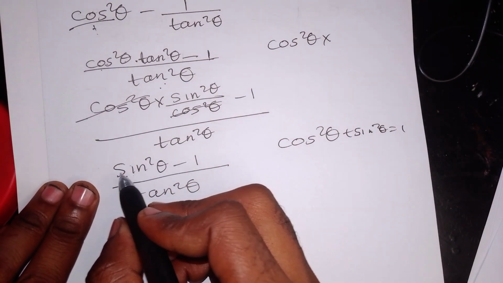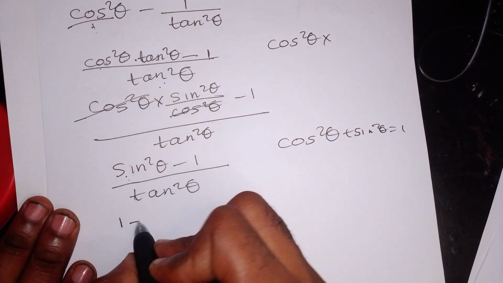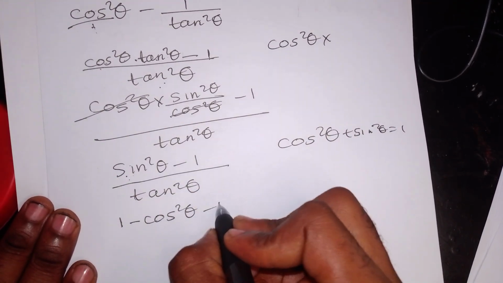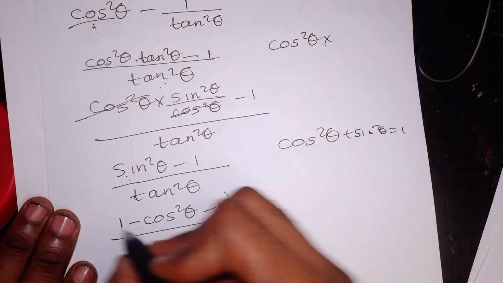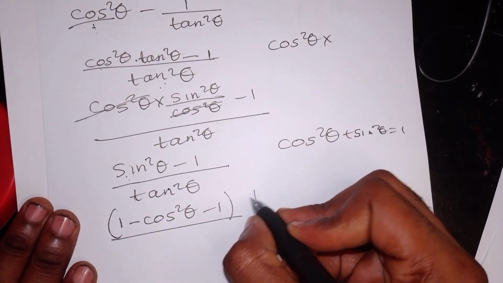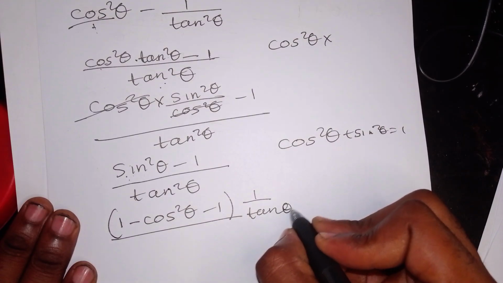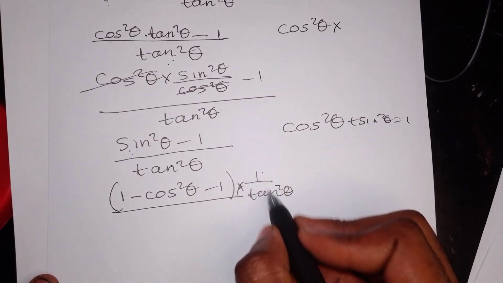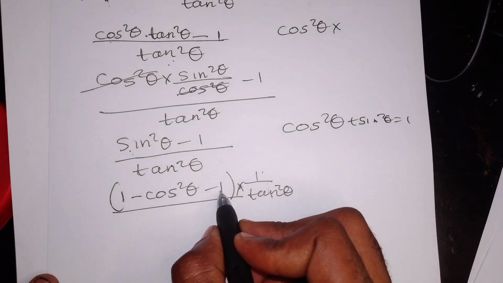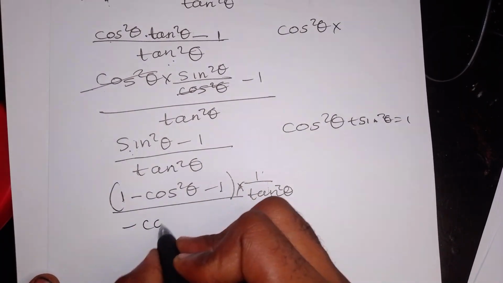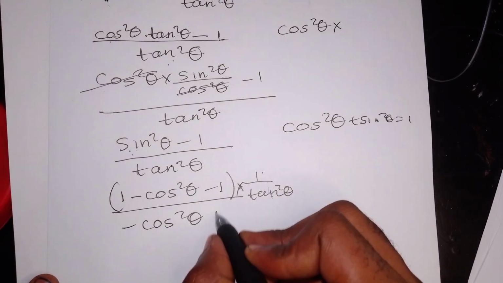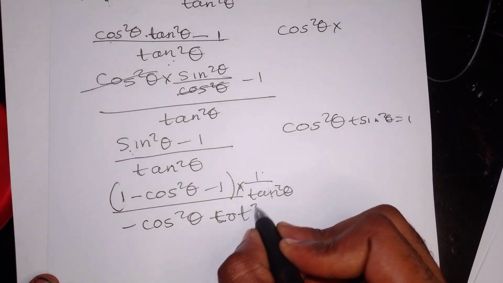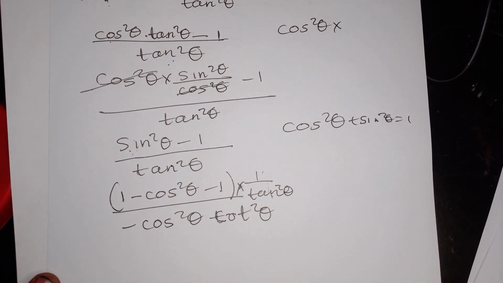So sine squared is 1 minus cos squared theta, then minus 1, and then maybe we can just write this as 1 over tan theta, tan squared theta, so that it's easy to see that this is cot. This minus this, that's a 0, and then you have cos squared theta, and then this one will be cot squared theta, since it's tan in the denominator, and this is exactly what we are trying to prove.